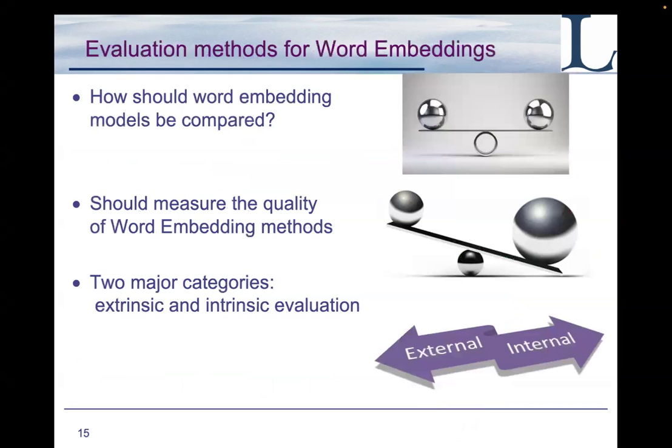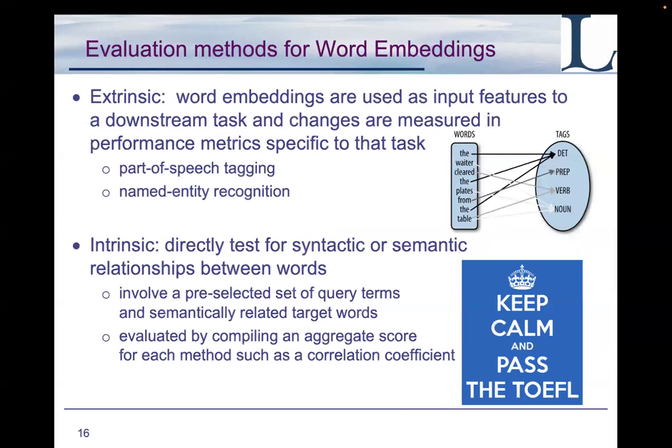And for this, there are different methods on how to evaluate word embedding, which basically fall into one of two classes: you use some downstream task, or just use direct comparison.